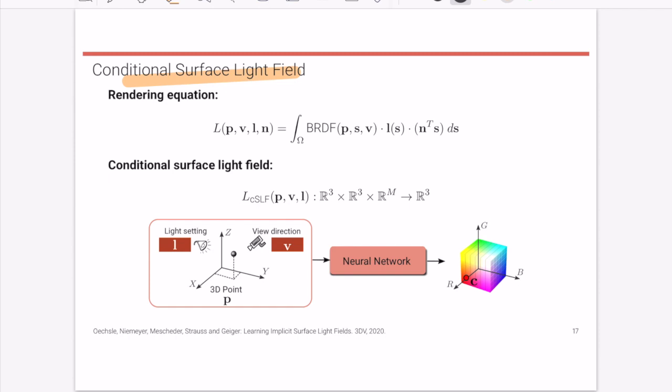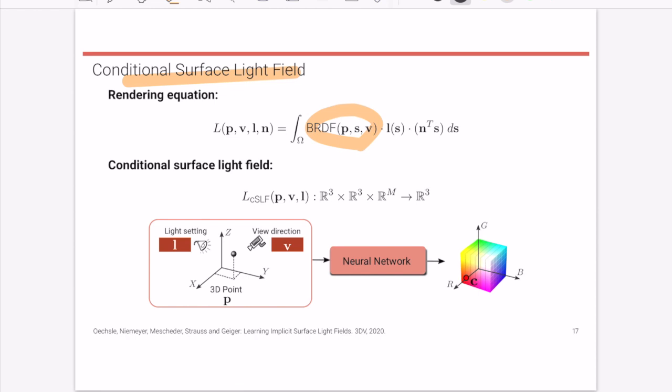To do this, we have to consider the BRDF. So BRDF was the topic of lecture 2. This is the texture of the image, the input image.